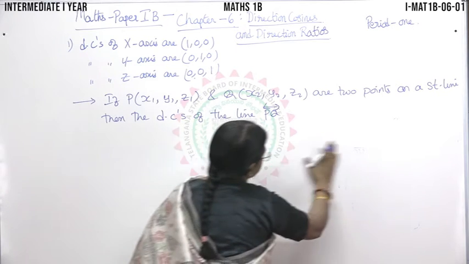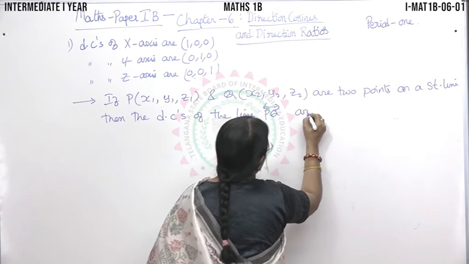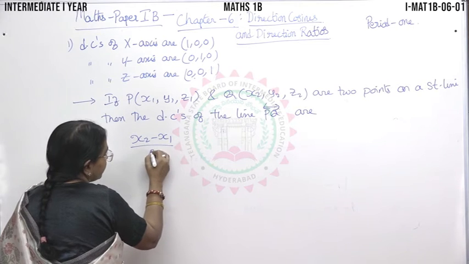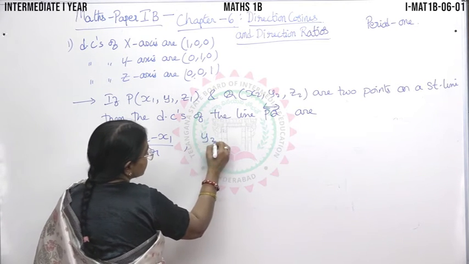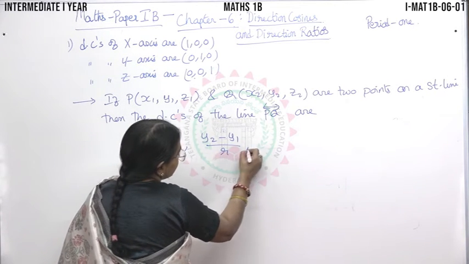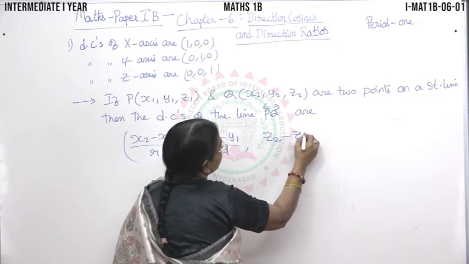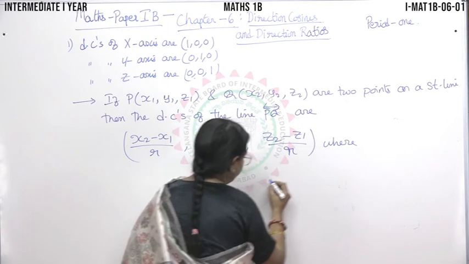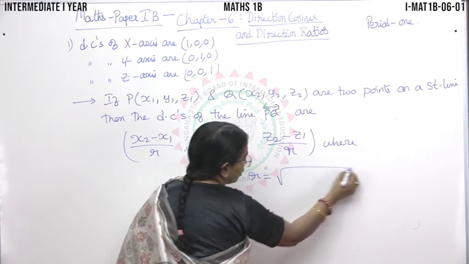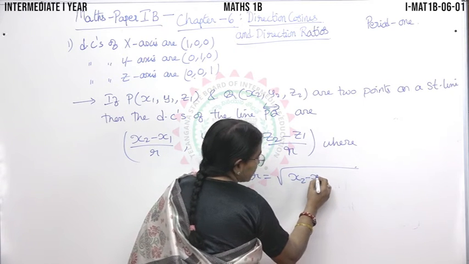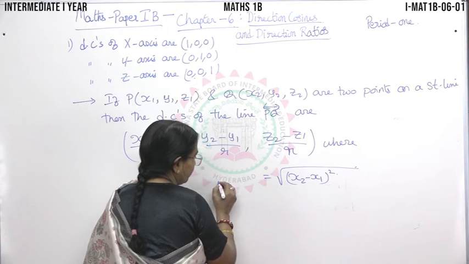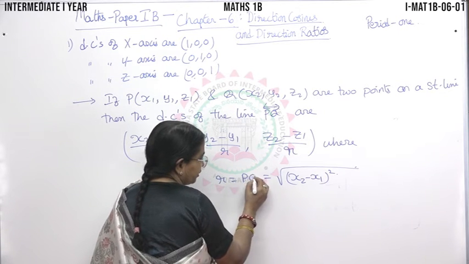Then the direction cosines of the line PQ are x2 minus x1 by r, y2 minus y1 by r, z2 minus z1 by r, where r is the PQ distance.